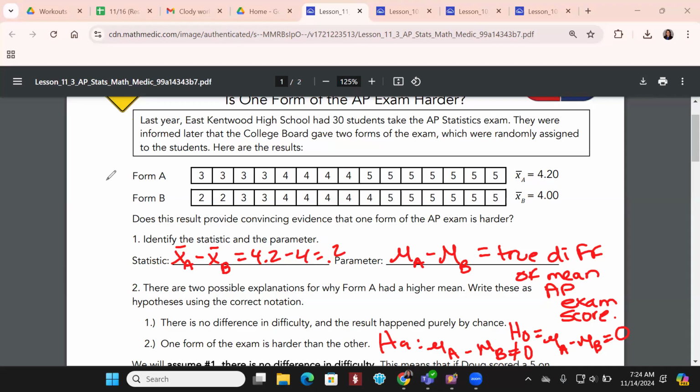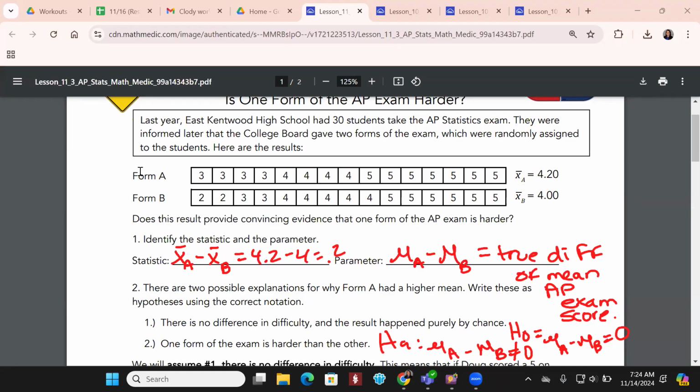So we would take the 30 scores that we got from the class. I would take the cards, split them up into half, give you half of the cards, give you the other half of the cards. You would be form A, you would be form B, and we would find the average. Does everybody see why we would be doing that?